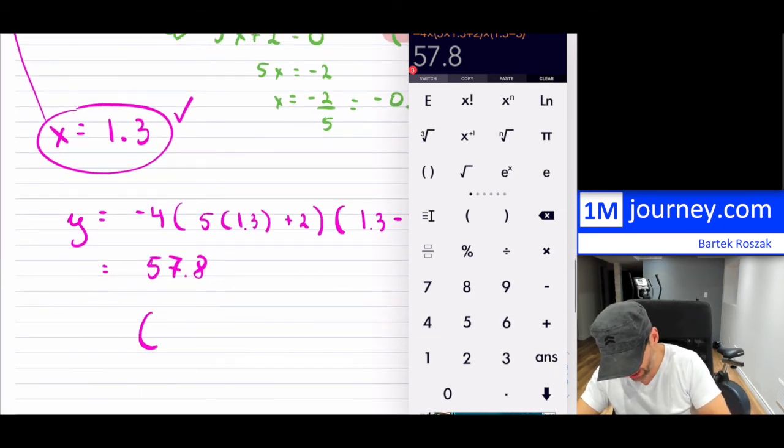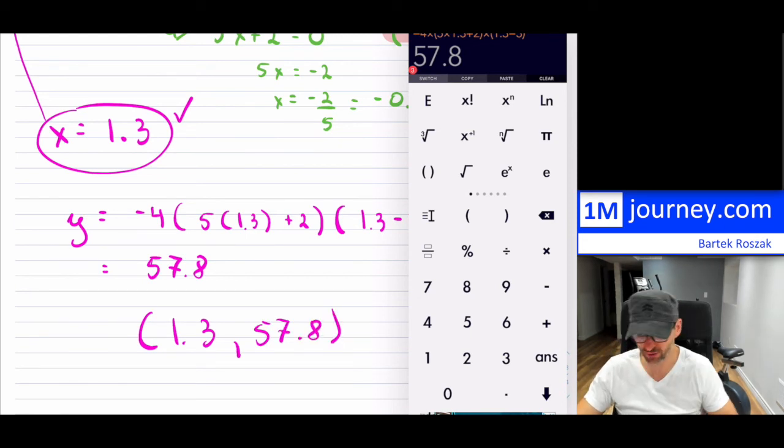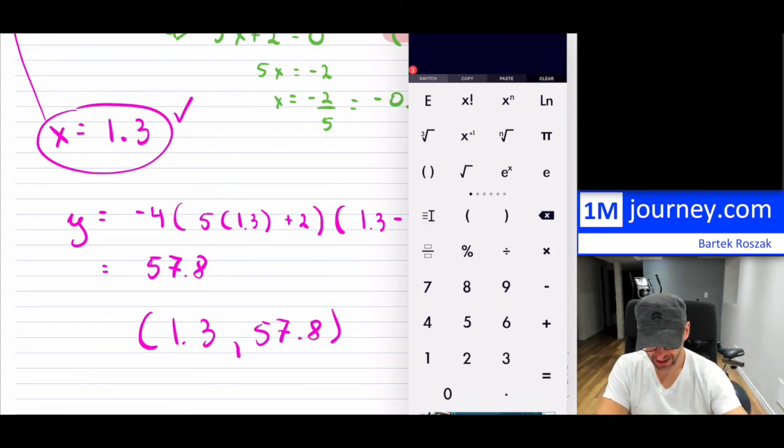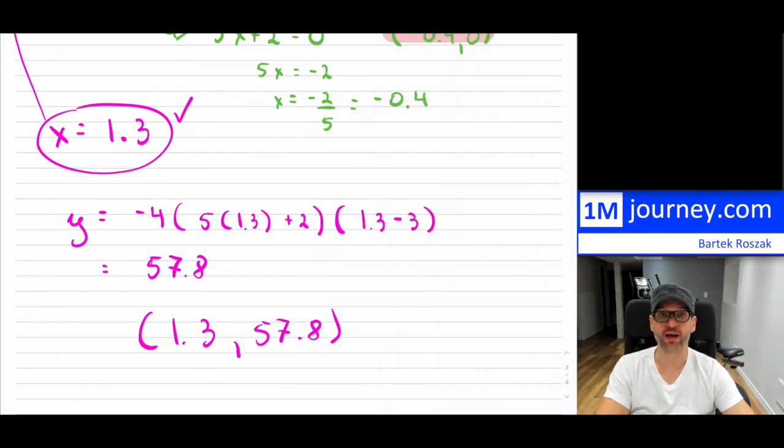That is your vertex at that point. So your line of symmetry happened at x equal to 1.3, and obviously that line of symmetry has to go through your vertex. And that's how we are finding the vertex here. That is what you can do if it's already in factored form.